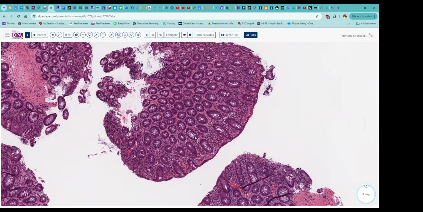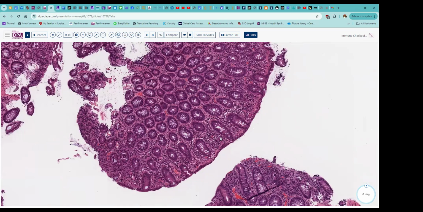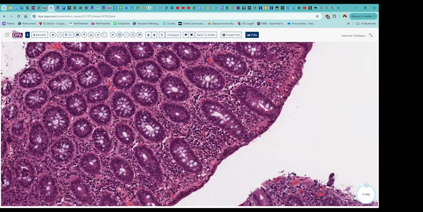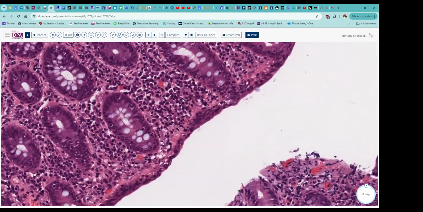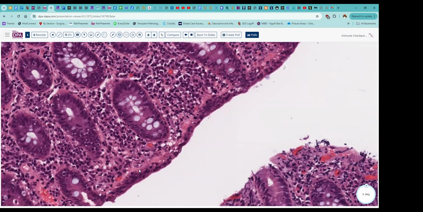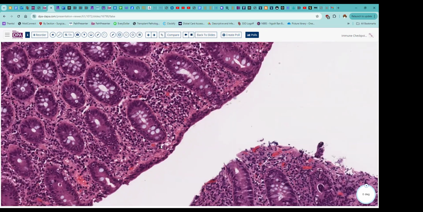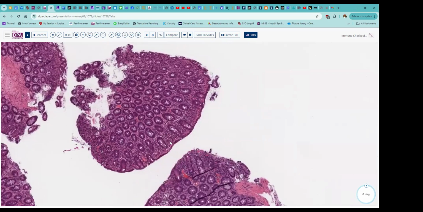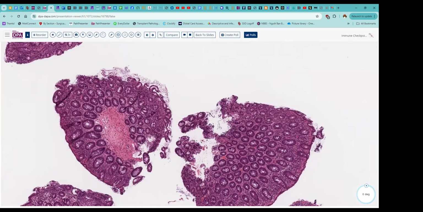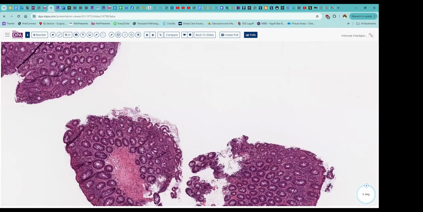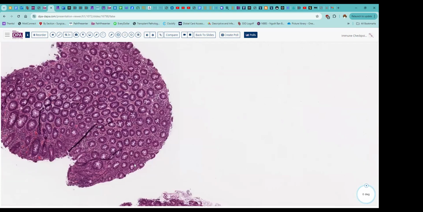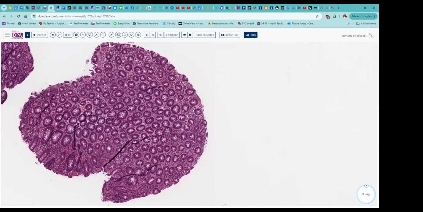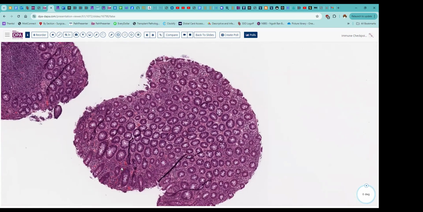So you see it's a non-distorting inflammatory pattern with surface epithelial damage and some increased lamina propria inflammatory cells as we see here. These drug agents can mimic or produce findings that mimic other types of inflammatory disease, which can include ulcerative colitis with crypt abscesses and distortion.